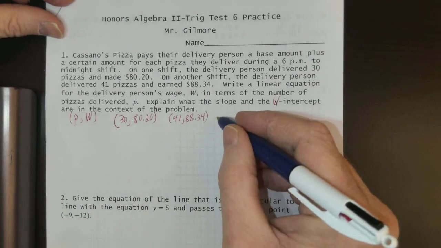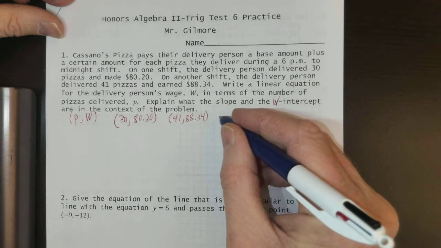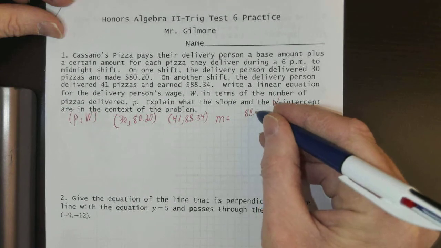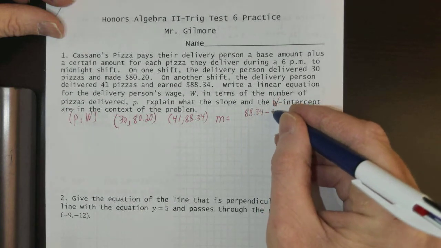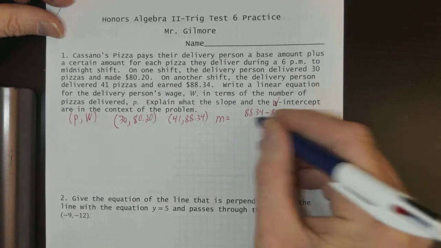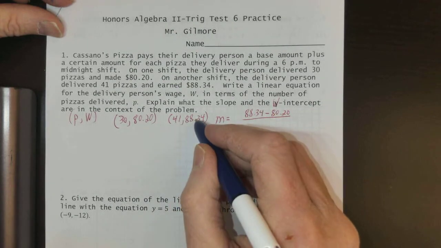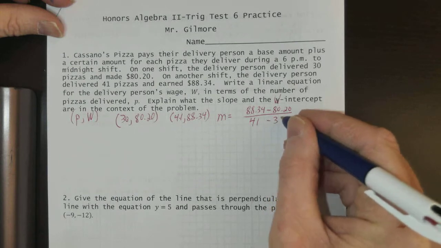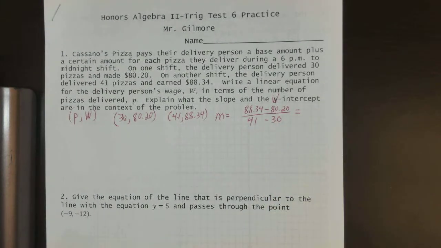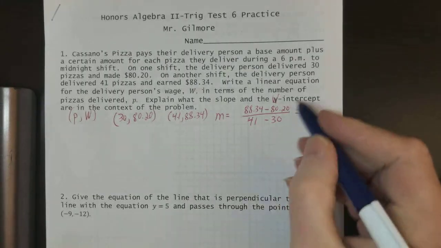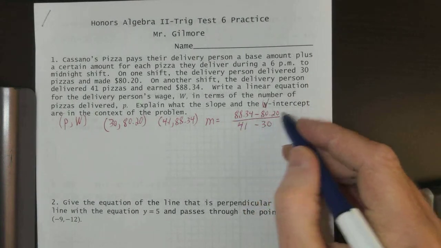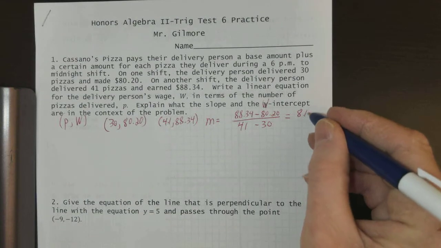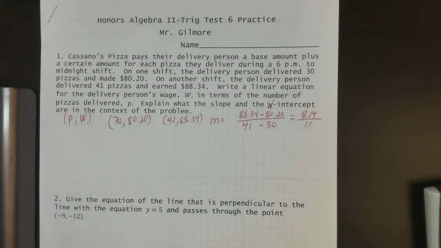So let's first of all go for the slope. Let's take the $88.34 minus the $80.20, y2 minus y1 over x2 minus x1. What is that? $8.14 there, divided by 11.